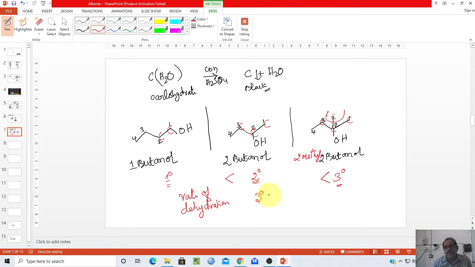Tertiary alcohol is very fast, then the secondary alcohol, which is faster than the primary alcohol. Tertiary is faster than secondary, which is faster than the primary alcohol. So this is how it goes, and further we will have a little more understanding.